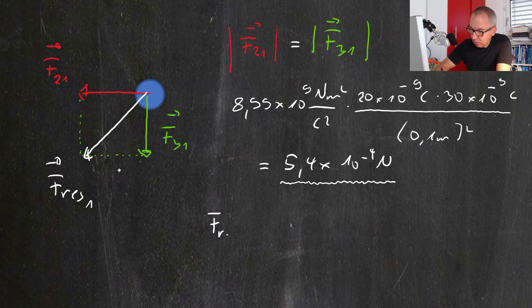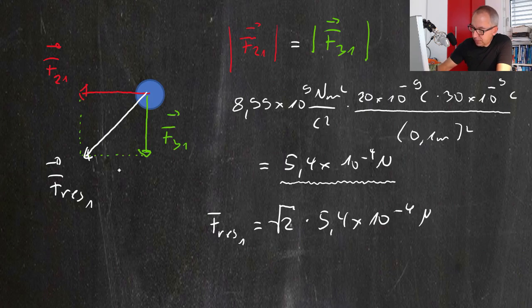So the resultant force 1 is square root of 2 times 5.4 times 10 to the power of minus 4 Newton, which is 7.6 times 10 to the power of minus 4 Newton.